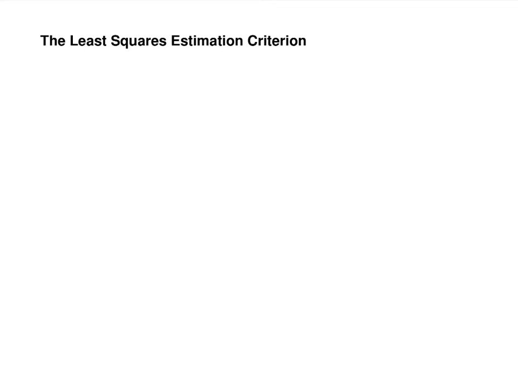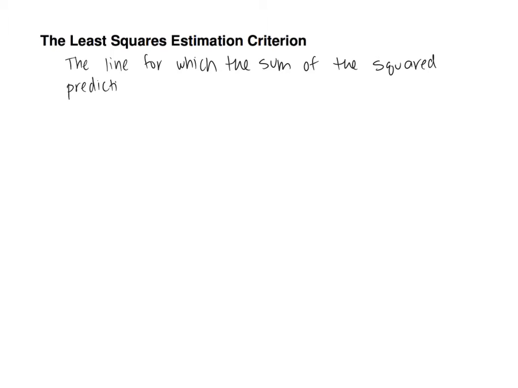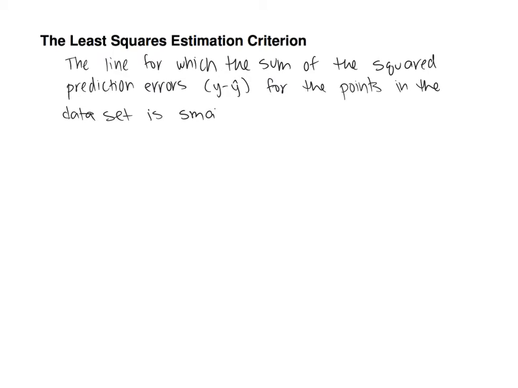The least squares estimation criterion says that the line for which the sum of the squared prediction errors, and recall those are y minus y hats, for the points in the data set, is smaller than for any other possible line.